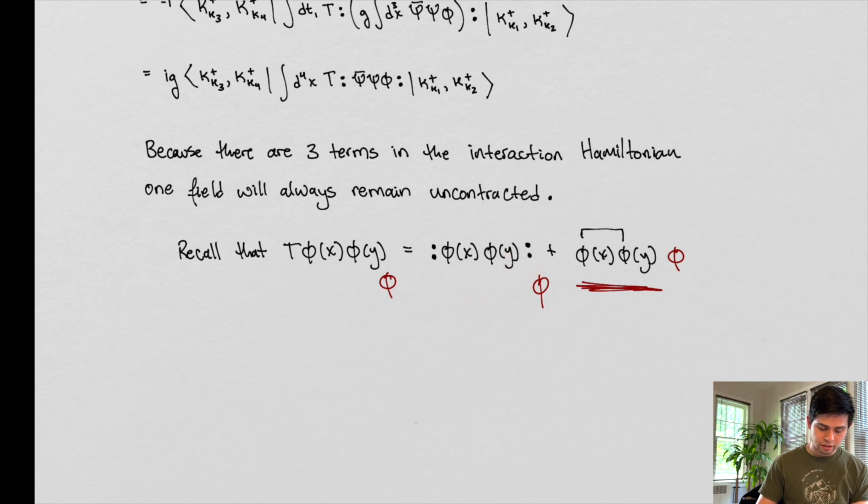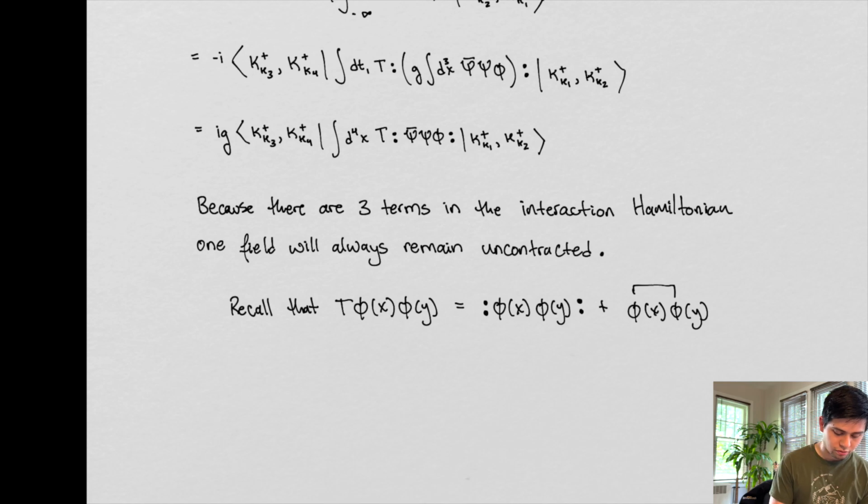And so, again, it's kind of a weird thing to get our heads wrapped around. But the idea here is that if we have three terms here, one guy is always going to get left uncontracted. And if one guy is always left uncontracted, then the whole thing's just going to go to zero.